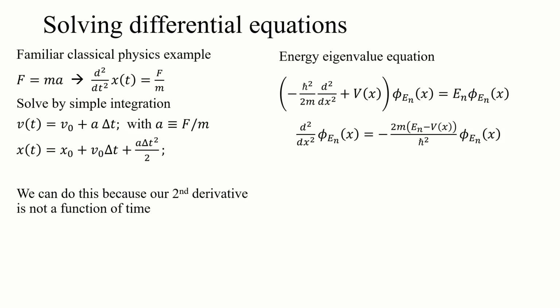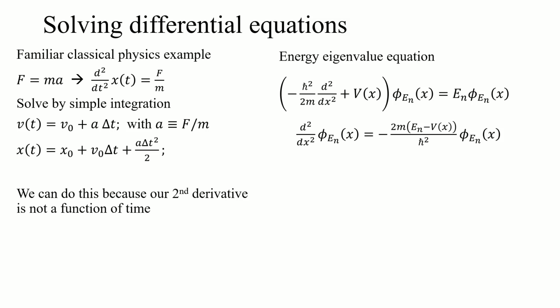It's similar in the sense that it's a second order differential equation, but we can't just integrate it out, right? There were a few examples, with the infinite well and the square well potentials that we've looked at, where depending on what this V was, we could do some separation of variables, and we were able to solve it analytically.